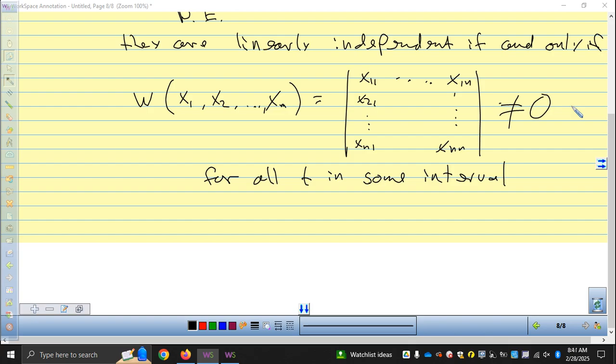All right, so we're finally ready to get to our big theorems. A set of n linearly independent solution vectors for a system of differential equations is a fundamental set of solutions.